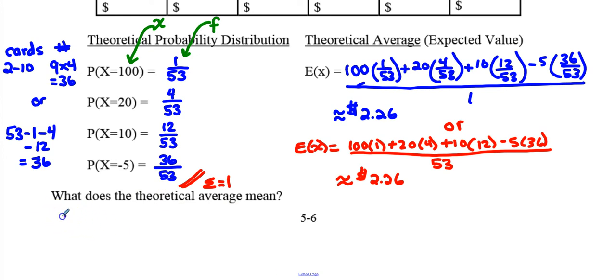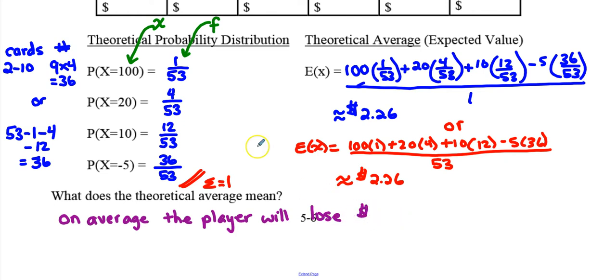So what you're going to say is, on average, the player will lose approximately $2.26 per play.